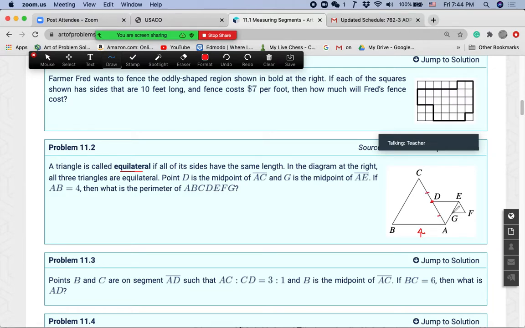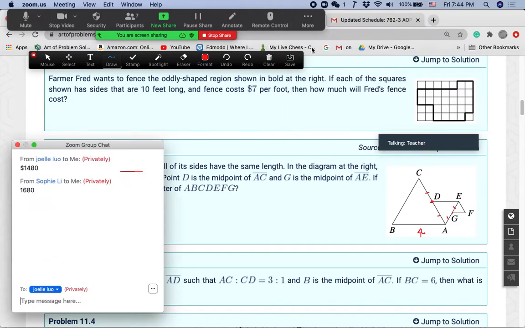Then G is also the midpoint of AE, so this one equals this. Then they ask you what is the perimeter of this closed shape A, B, C, D, E, F, G, A. Everybody, if you have an answer, you can send me a private chat.